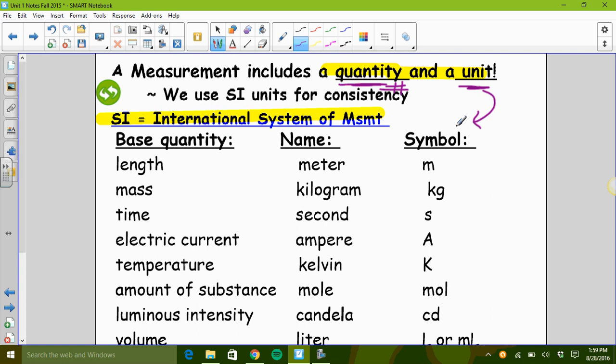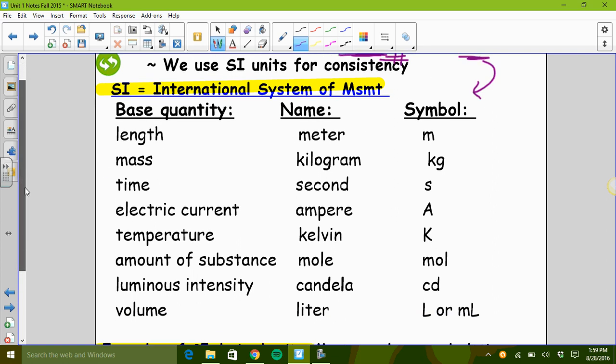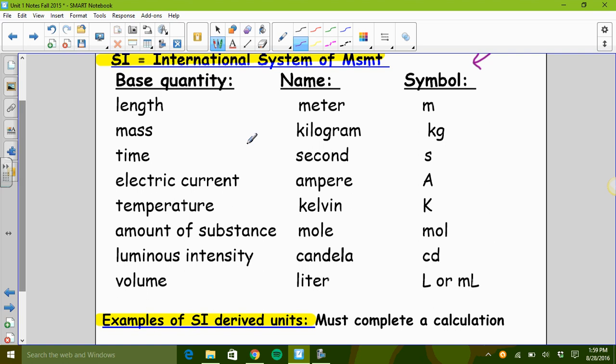And so you can see the units are down here denoted by a specific symbol. Things that you will use most often are meter, kilogram, which is a unit that describes the mass of an object. We eventually will get to amps or amperes, but that's going to be a little while. Kelvin, which is a unit that describes the temperature of an object or some matter.